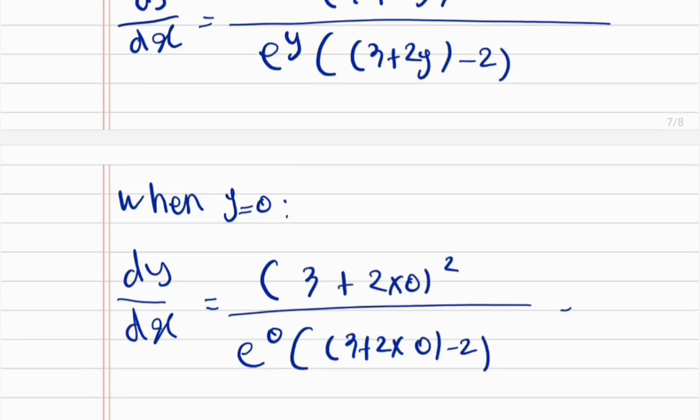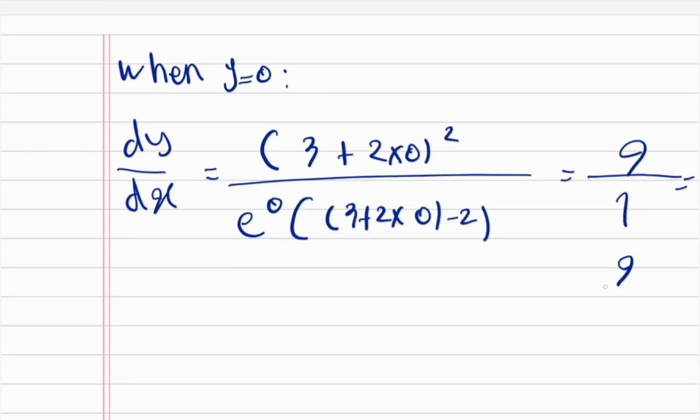We can simplify that now. The first bracket is just going to be 9. In the denominator, 2 times 0 is 0, 3 plus that is 3, 3 minus 2 is 1, and 1 times e to the 0 is also 1, because e to the 0 is 1. So overall, the gradient is 9.